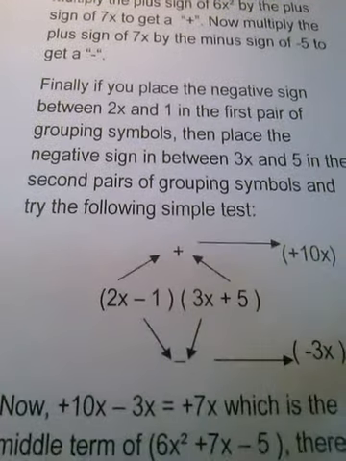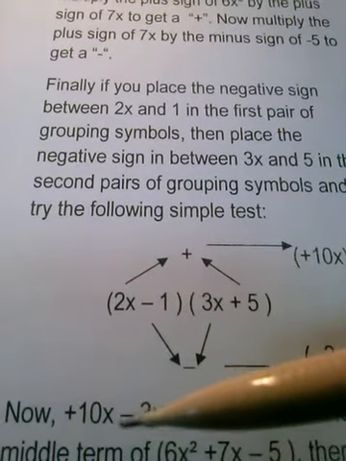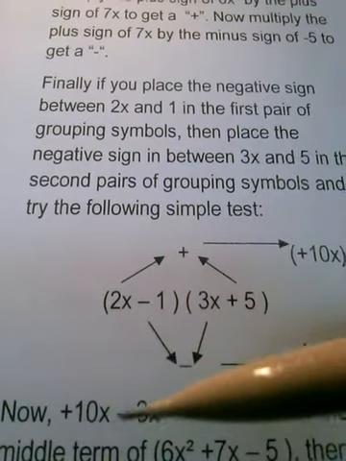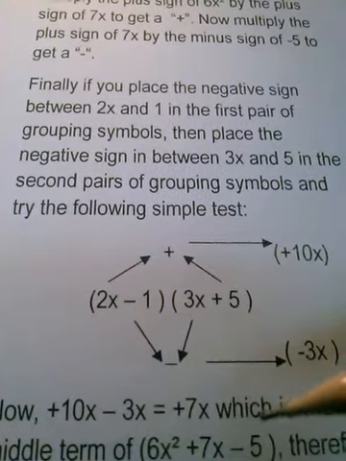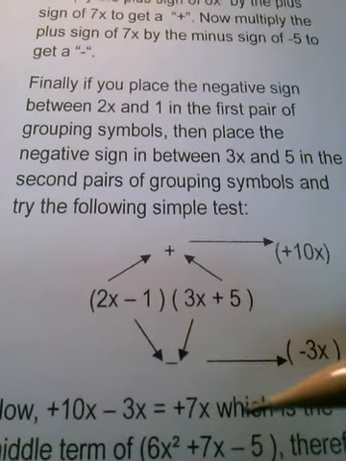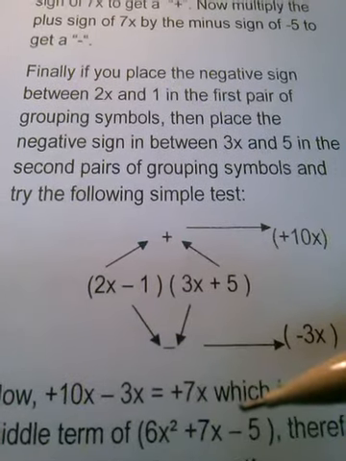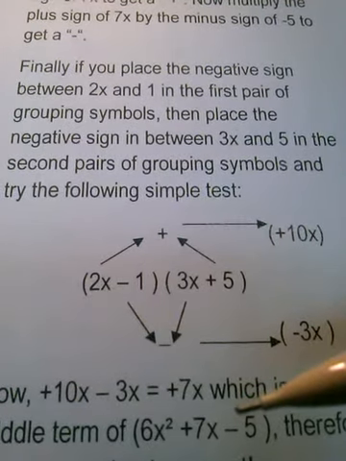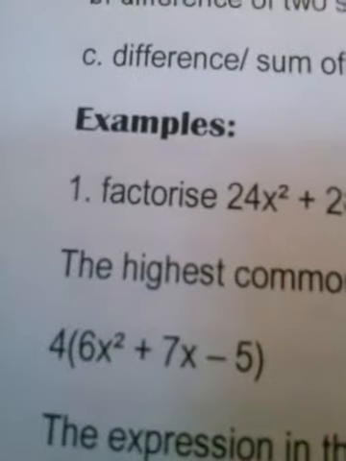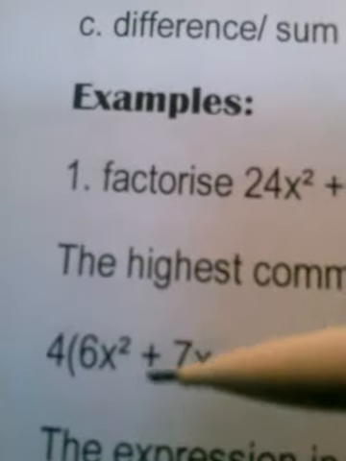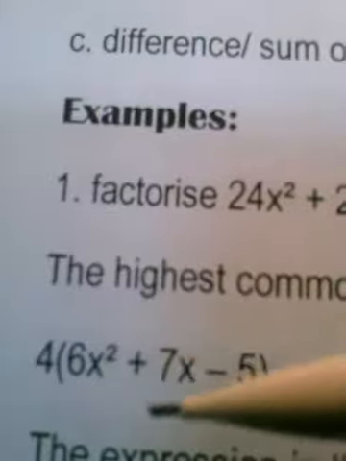Now, if we add 10x minus 3x, we're going to get plus 7x. And when we look back at the original expression we got in here, we see that the sign of the middle term is plus 7.